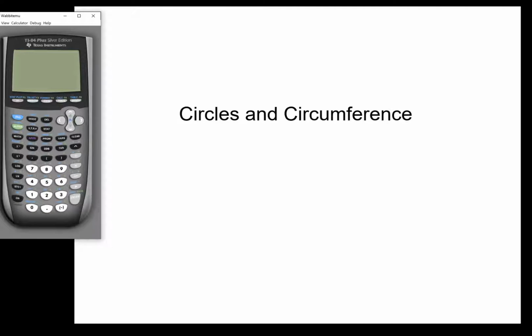Now let's go ahead and get to it. I'm using a slightly different setup here, so forgive me if this does not go too well. We're going to be starting off with circles and their circumferences. I know you guys have covered circles and circumferences before, so nothing majorly new here. Just as always, you're going a little bit deeper.